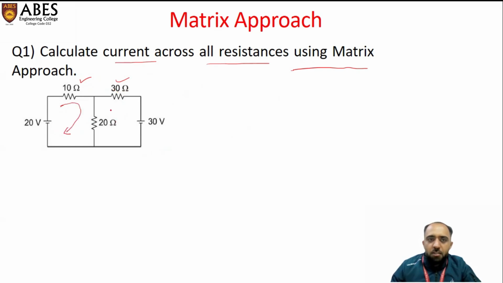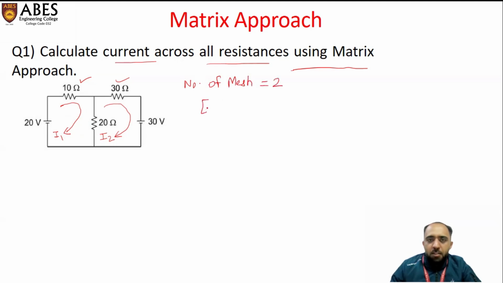How many meshes are in this particular question? I'm taking the first mesh current I1 in the clockwise direction, and the second mesh current I2 in the clockwise direction, the same. So what is the number of meshes? The number of meshes is equal to 2.